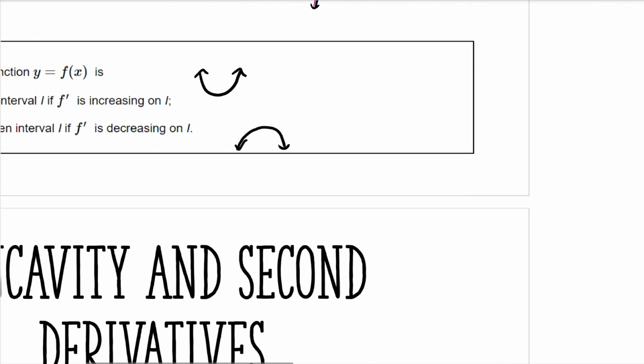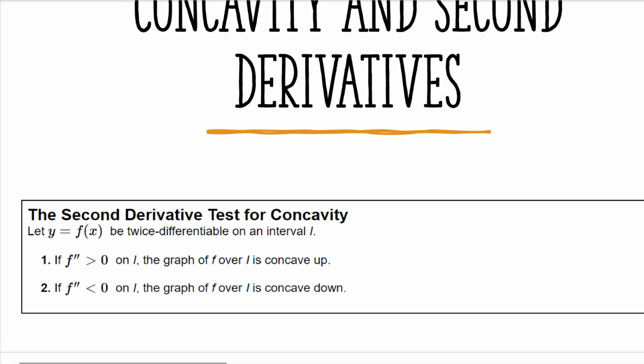And we learned from right down here in our little test that if the second derivative is greater than 0 on an interval, then the graph is concave up. Well, it's not just on an interval.